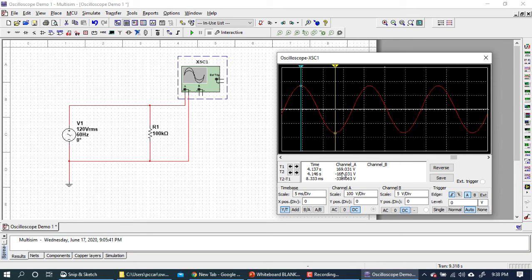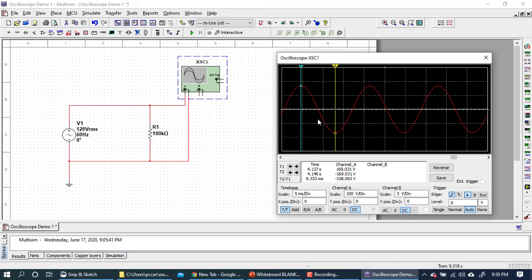Again, that's the peak voltage, 169 volts. What is the peak-to-peak voltage? Well, the peak-to-peak voltage is the difference between these two cursors. The first cursor is at the positive peak, a positive voltage. The second cursor is at the negative peak, a negative voltage. The difference of those two voltages is rather large, and that's the peak-to-peak voltage. And if you go here, you can see that the peak-to-peak voltage is 338.063 volts, or just say 338 volts.